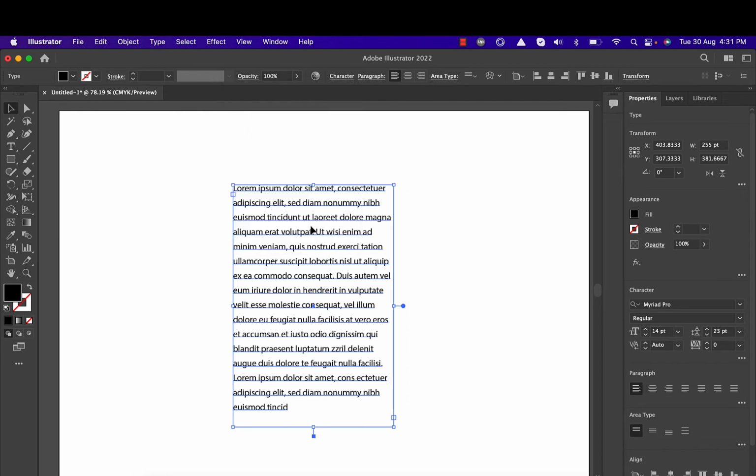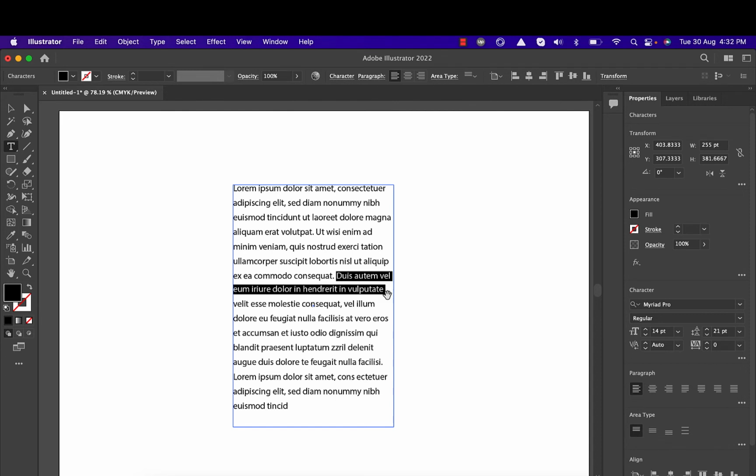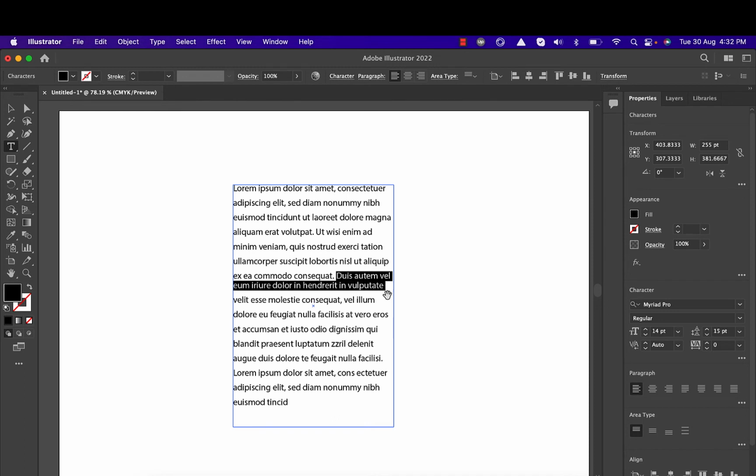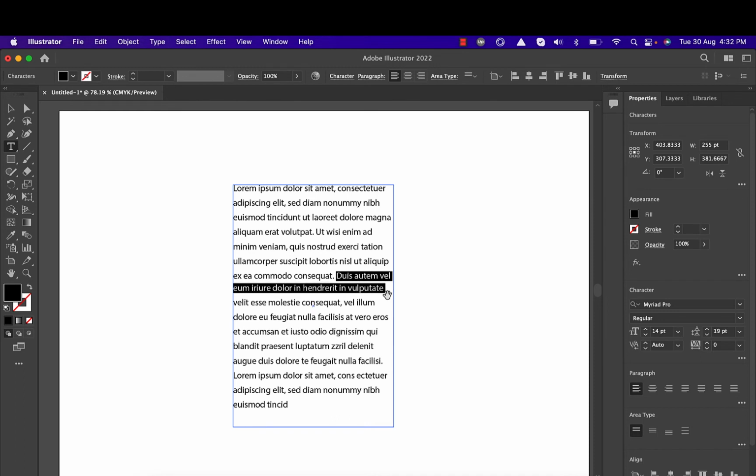Next is how to control this line. Let's suppose in a paragraph I only want these two lines' line height to be a little decreased. So what I have to do is select the lines and press the Option key on Mac or the Alt key on Windows and arrow up. Only these two lines' line height will change, right?